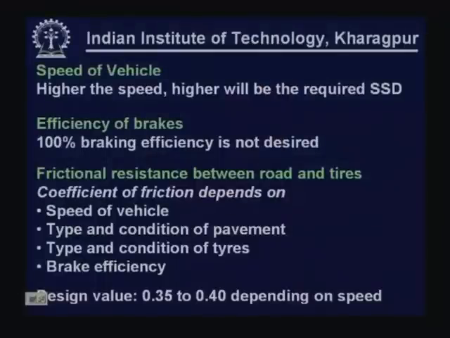It depends on the frictional resistance between road and tires. The coefficient of friction depends on the speed of the vehicle. The higher the speed, the lesser will be the value of the coefficient of friction. It also depends on the type and condition of pavement, both. Type means whether it is a bituminous pavement, water bound macadam, an earthen road or a concrete road.